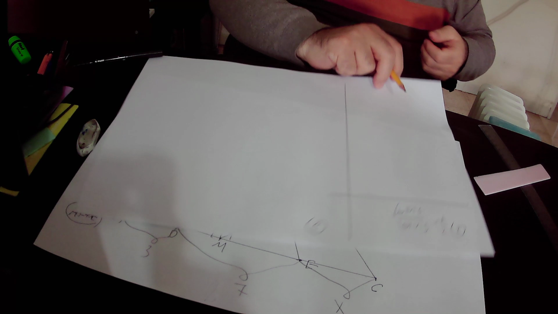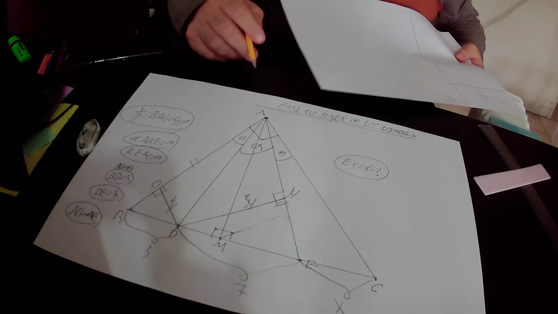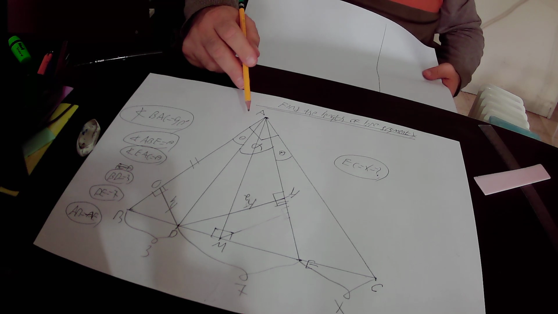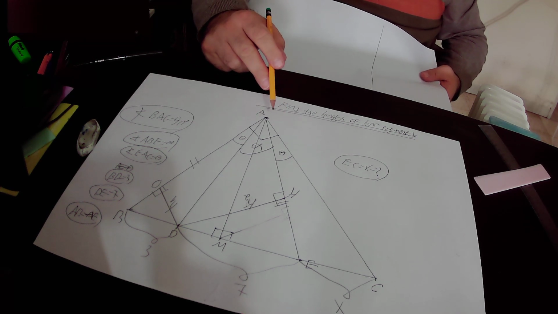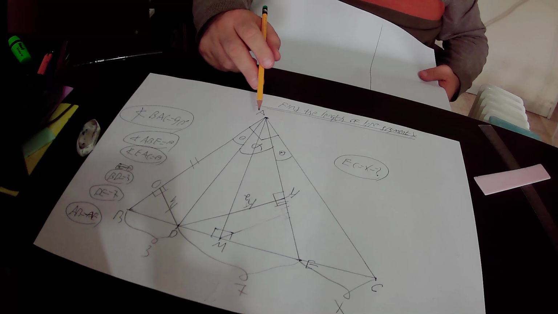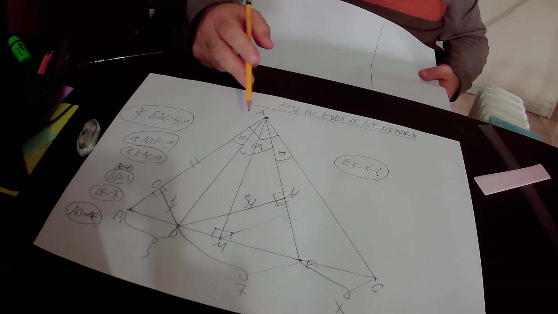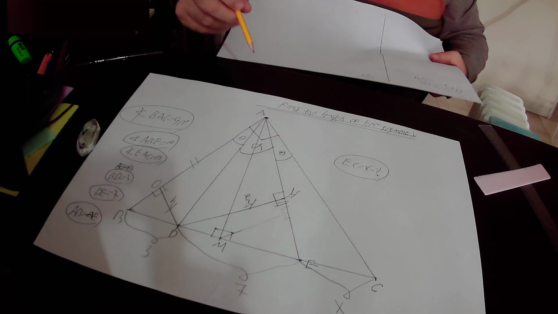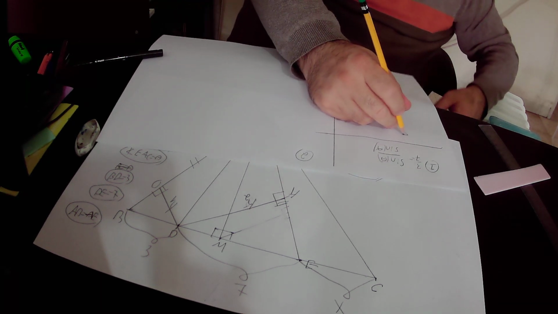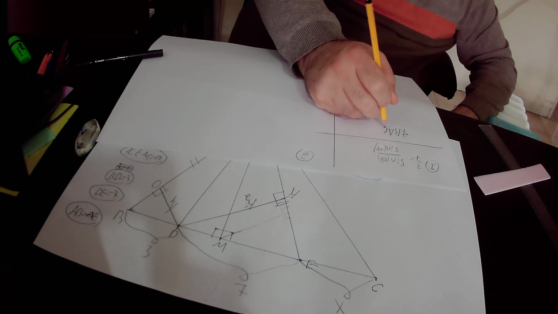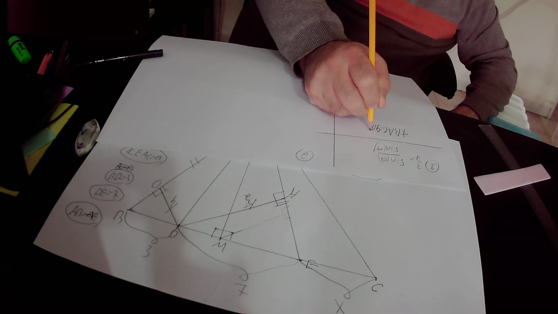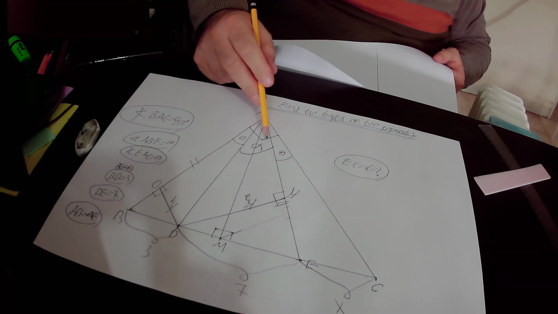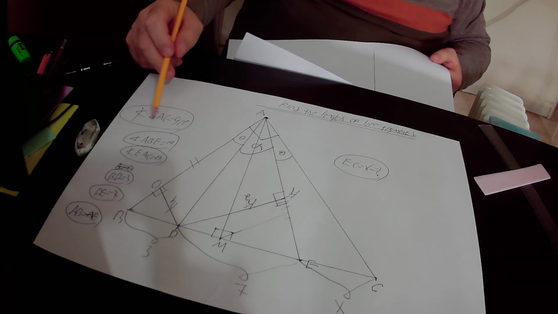But what is the value of alpha? Here we know that theta plus alpha plus theta equals 90 degrees because angle BAC equals 90 degrees, as given in the question.